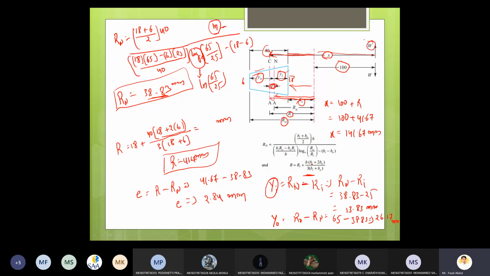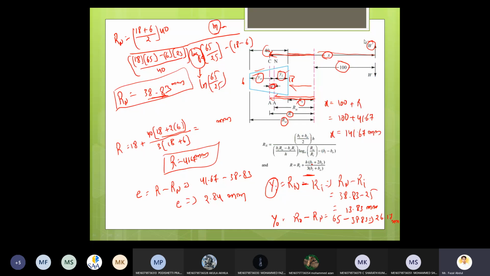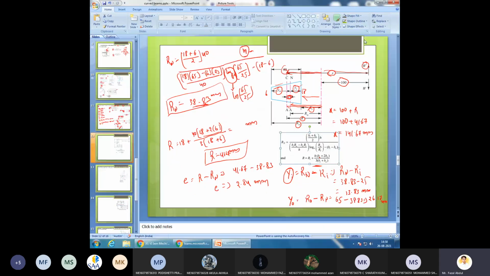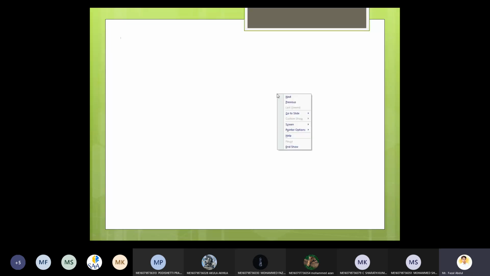And what is the question asking here? The question is asking to calculate the stresses at the inner section and outer section. For that, I am writing the stresses at the inner section and outer section.